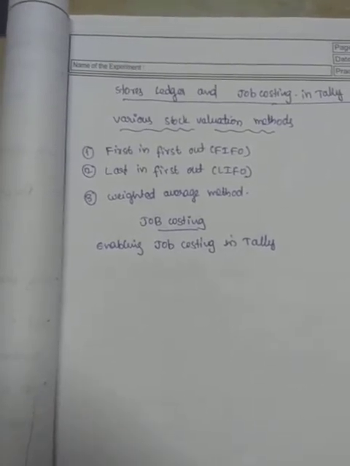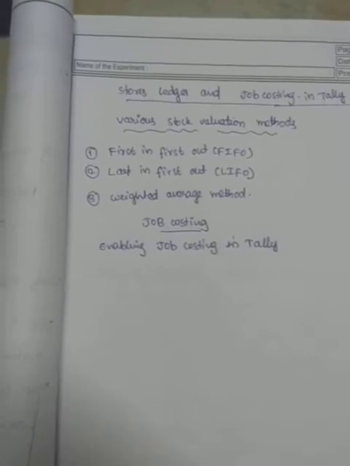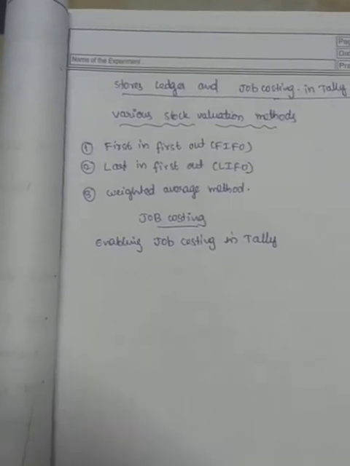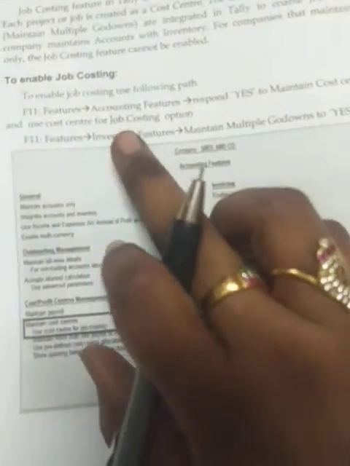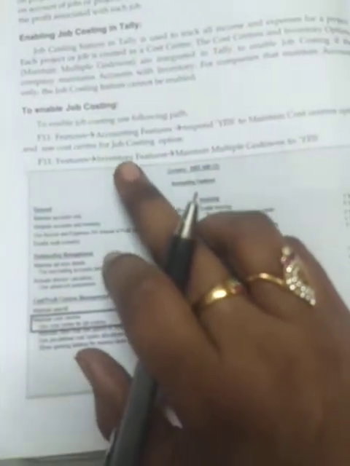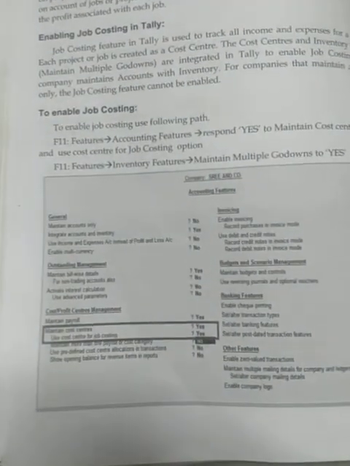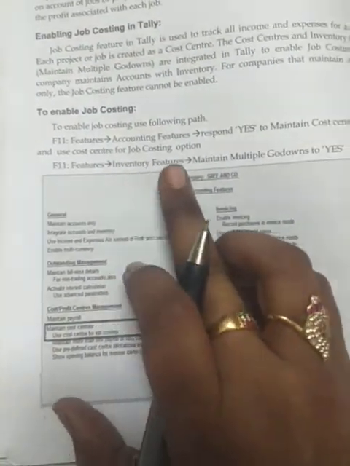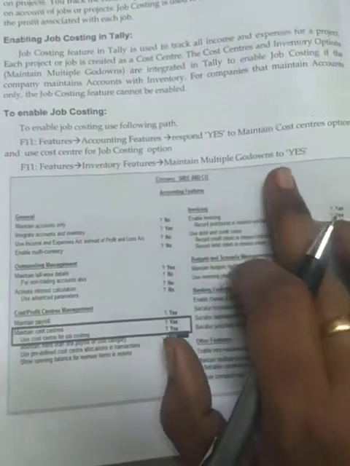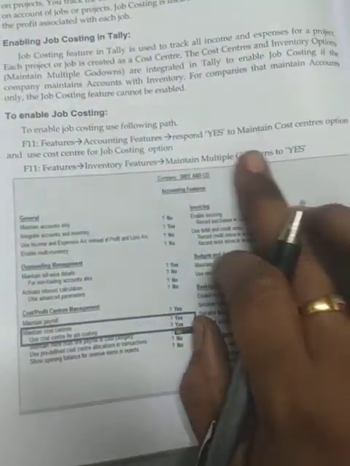So to enable the job costing, first we have to go to the F11 features menu. F11 features, then inventory features, maintain multiple godowns, give the Yes option.